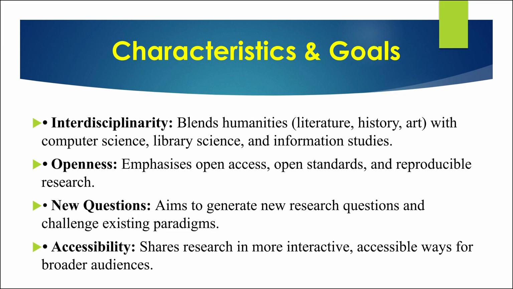It emphasizes open access, open standards, and reproducible research. New questions. It aims to generate new research questions and challenge existing paradigms. Fourth important point is accessibility. It shares research in more interactive, accessible ways for broader audiences.